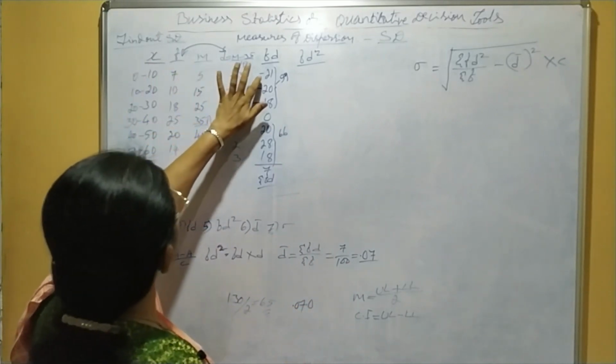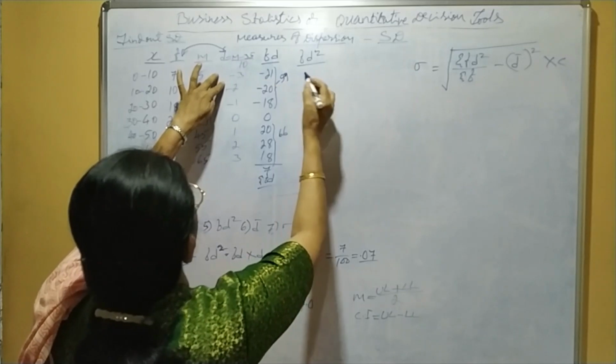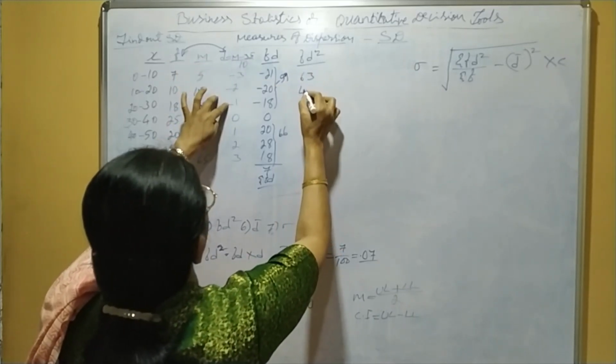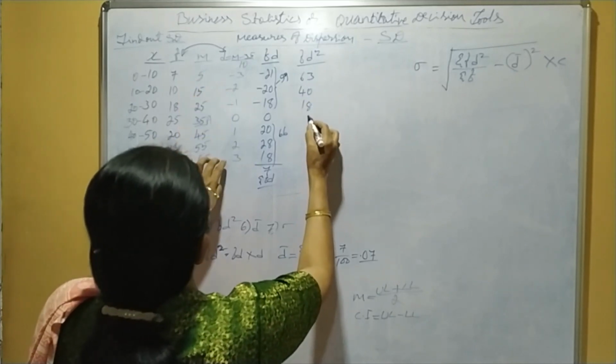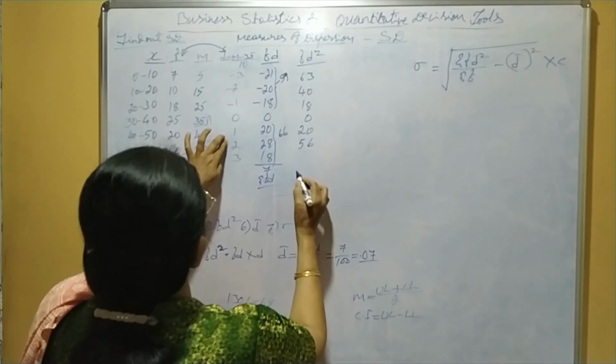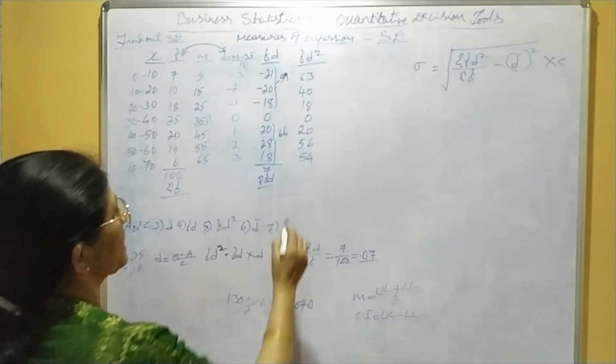FD square means FD into D, these two. Minus 21 into minus 3, 63. Here 40, 18, 0, 20 into 1, 28 into 2, 18 into 3. Same, no change in this, isn't it?